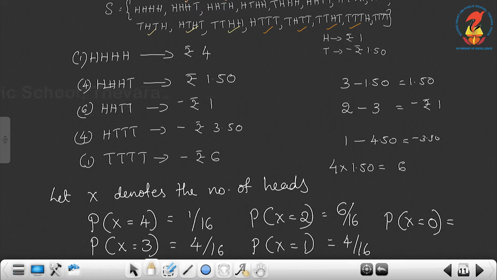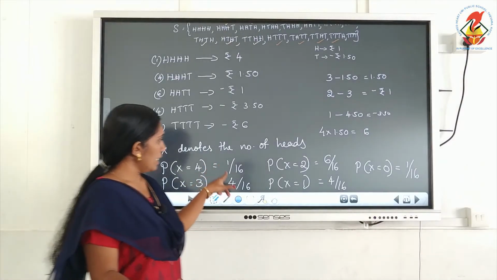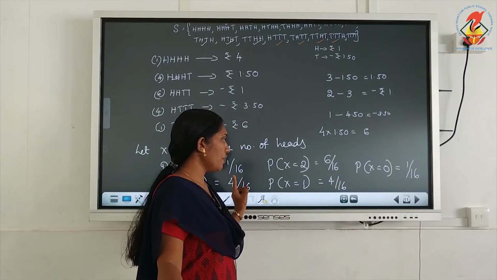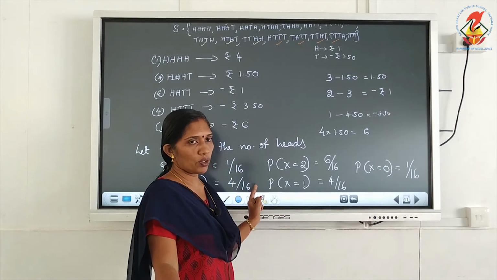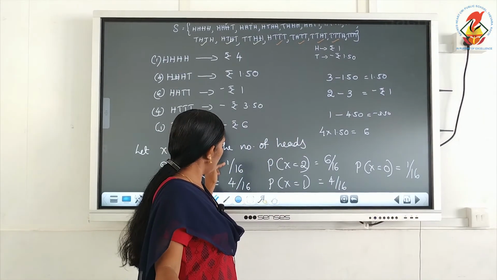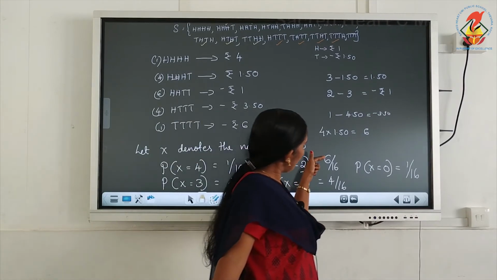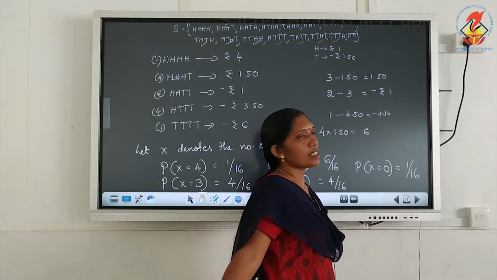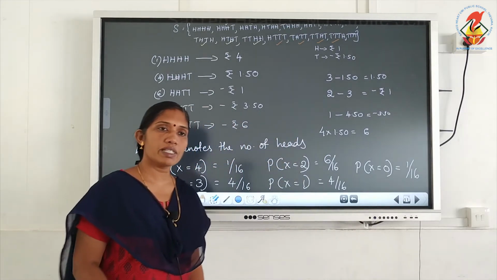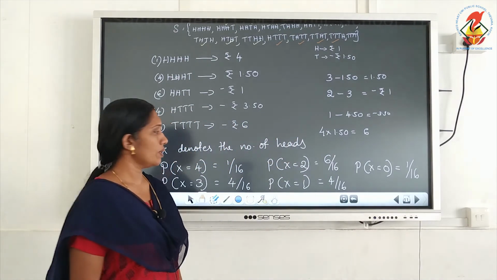The amount is minus 6 and only one outcome out of 16. And look, each probability of each event is greater than or equal to 0. What is the total value? Add everything. 1 plus 4 is 5. 5 plus 6 is 11. Plus 4 is 15. Plus 1 is 16. 16 out of 16 is 1. Okay.